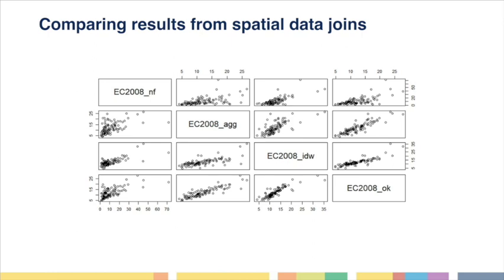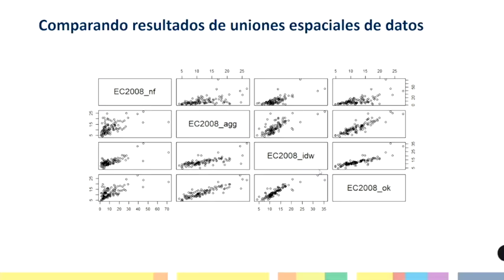This is another representation. This is a correlation matrix where you can see how the different observations have been correlated, taken at different distances. Normally, the highest correlations, as you can see there, are in the values that have been interpolated. There's less variation in the one that has inverse distance.